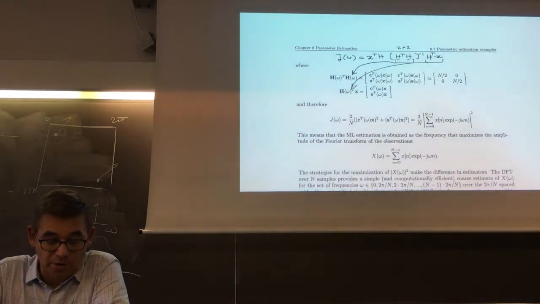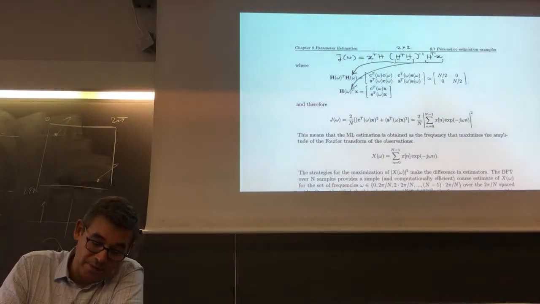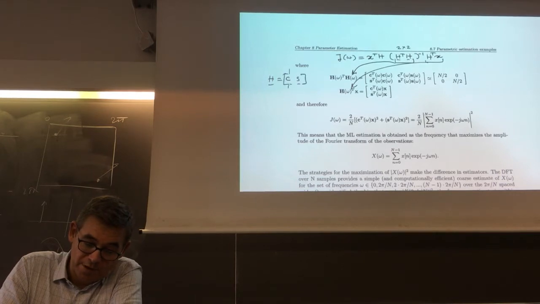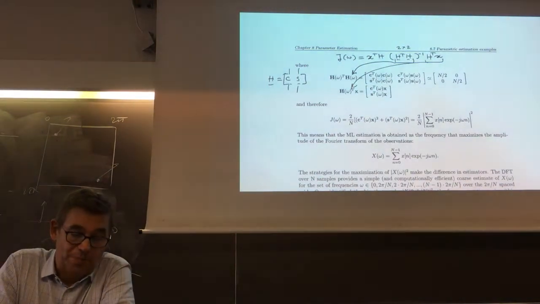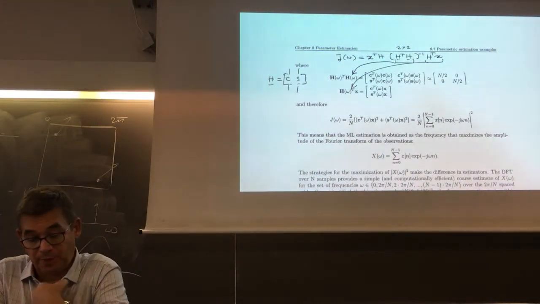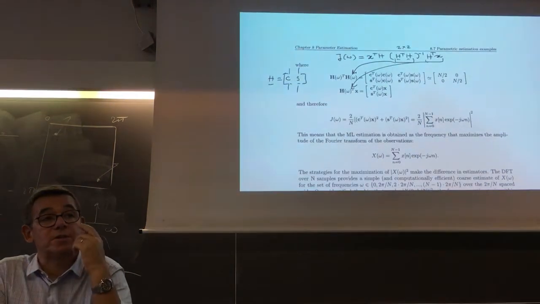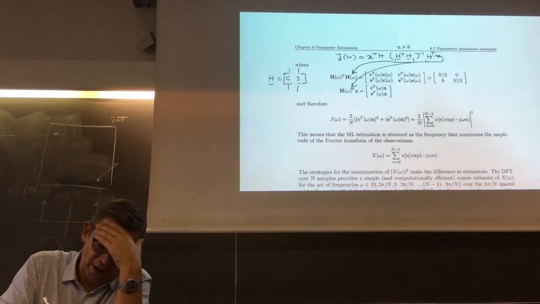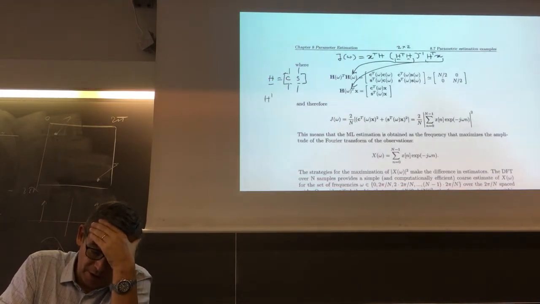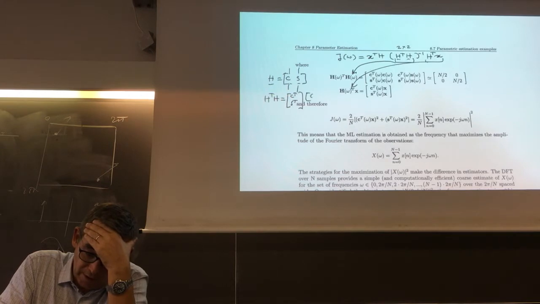Now, I remember that the H matrix is a block partition, so I have a cosine and a sine, a matrix which contains all the cosines and all the sines. These cosine and sine depend on the unknown frequency only. Since I have a block partition matrix, I can put together the computation of H transpose H in block form, which means H transpose H is equal to cosine transpose, sine transpose, times cosine and sine.